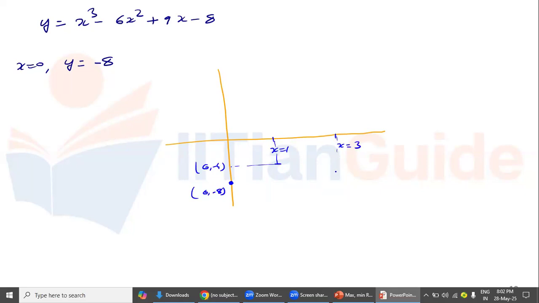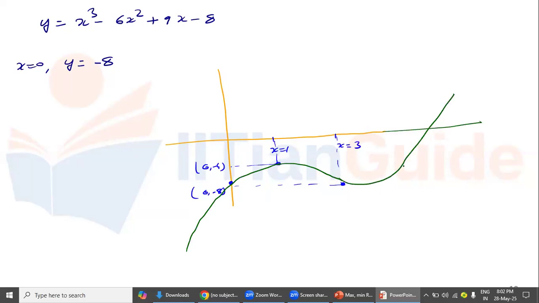At the point x is equal to 3, I had got it to be minimum, and the value was minus 8. This is the minimum point, this is the maximum point. Keeping all these things in mind, if I plot the graph, I'm going to get something like this.